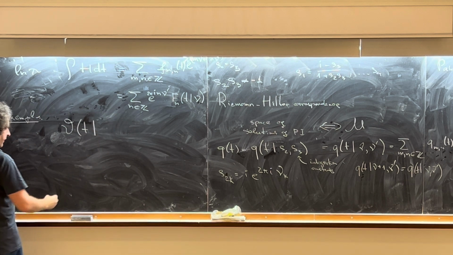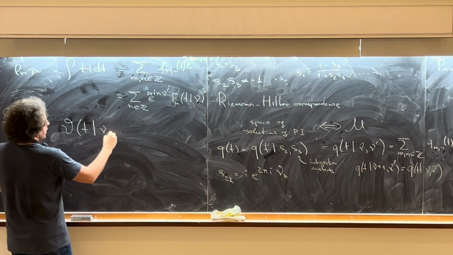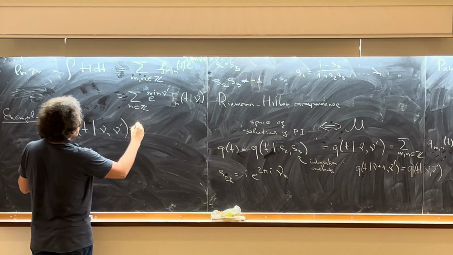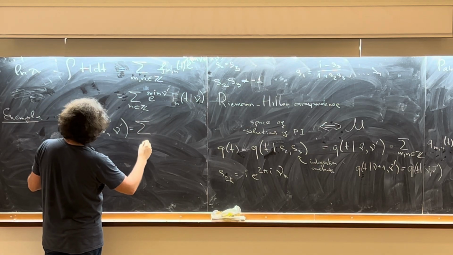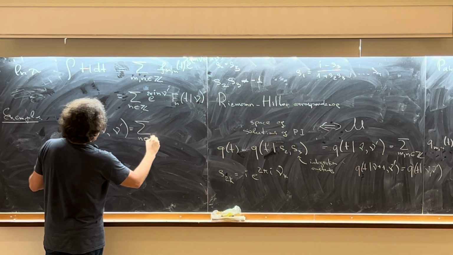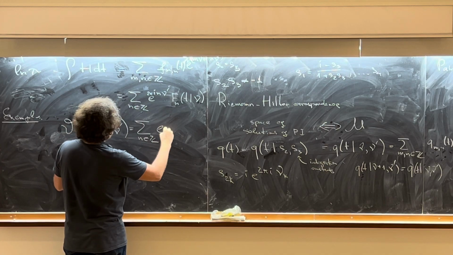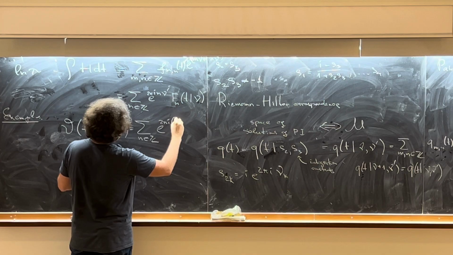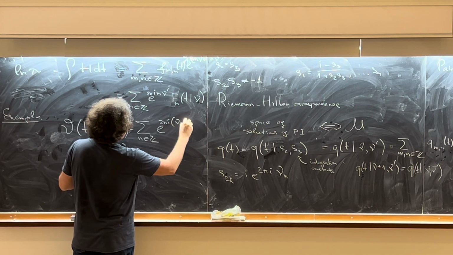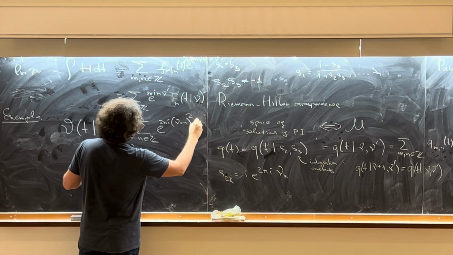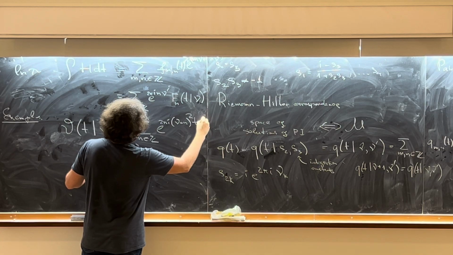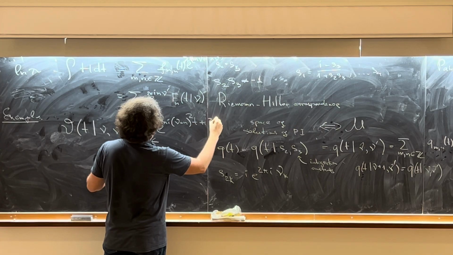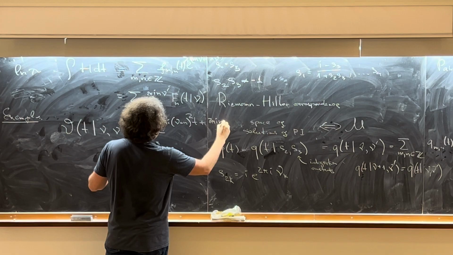Theta of t, nu and nu prime will be the sum with respect to n of the exponential of 2 pi i (nu plus n) squared t plus 2 pi i n nu prime.